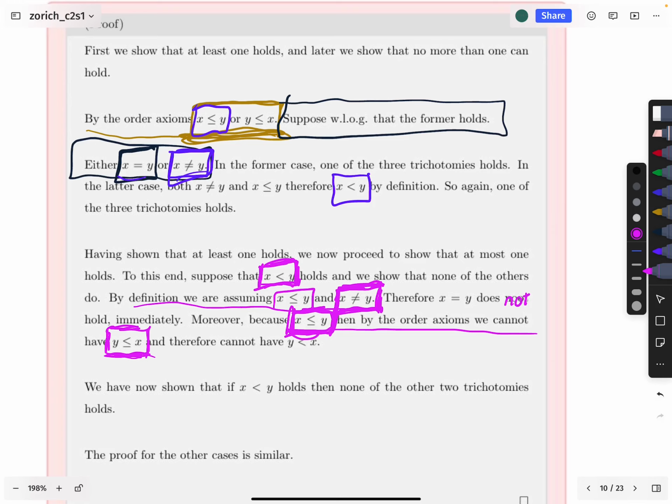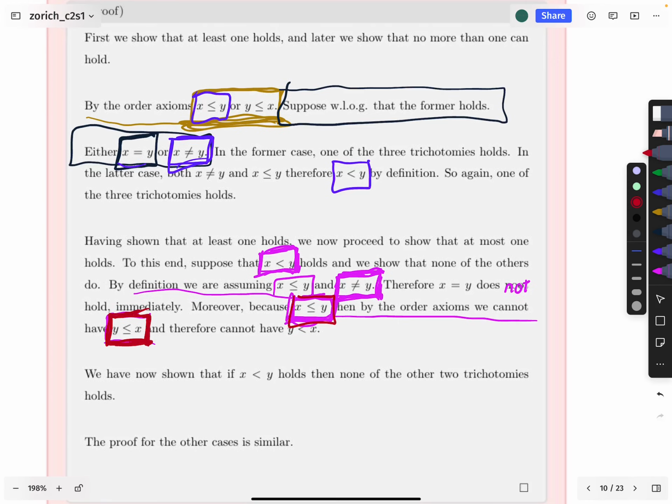So basically what I am arguing is that this cannot be true. If you assume this, then you cannot have this, because if you did, you'd reach a contradiction. You'd have that x is equal to y, but also x is not equal to y. So it can't happen. And therefore, since that is not true, y strictly less than x also cannot possibly be true, because part of this is this.